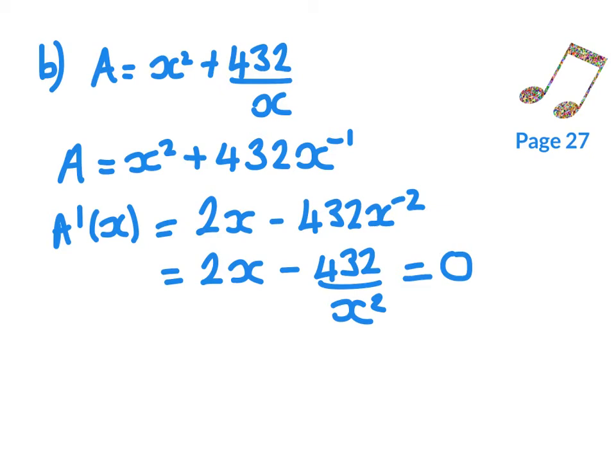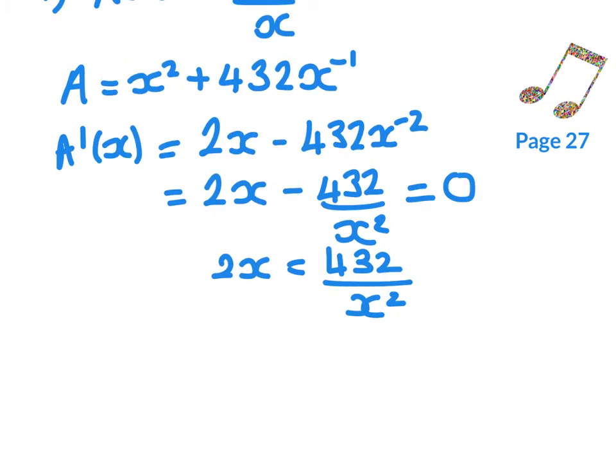It's difficult to find a factorisation at this point, so I'm going to just move the 432 over x squared to the other side. So 2x is equal to 432 over x squared. I'm going to multiply by x squared, so 2x cubed equals 432.